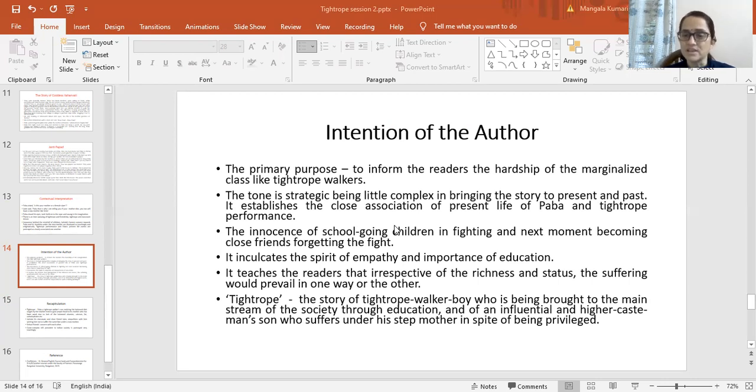Tightrope overall is the story of a tightrope walker boy who is being brought to the mainstream of society through education. Such is the power of education, students. Though Jatinda is the son of a higher caste and influential person, he suffers under his stepmother in spite of being privileged. These were the highlights of the story.